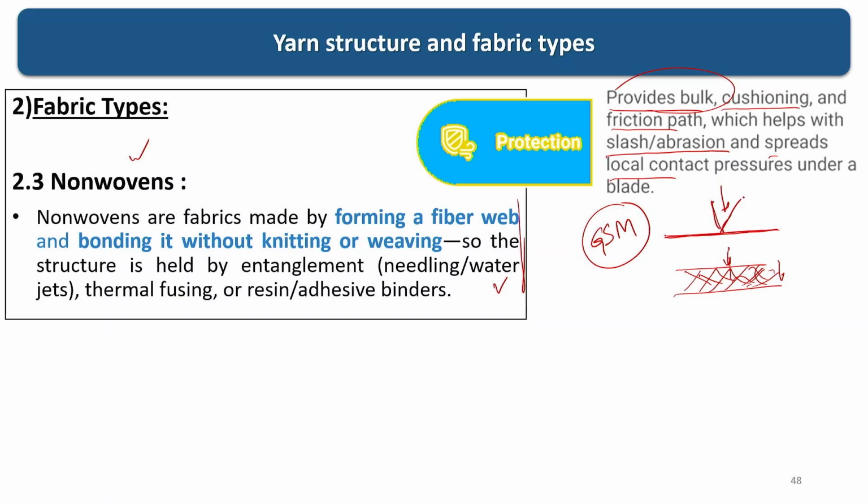So, under the blade whatever localized contact pressure was there, due to this friction path and cushion, this gets spread over a wide area. So, that means the contact pressure is reduced.